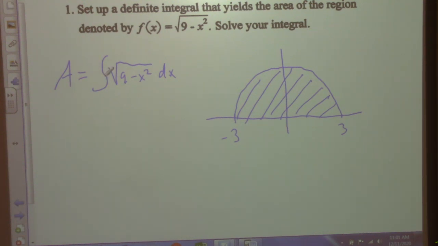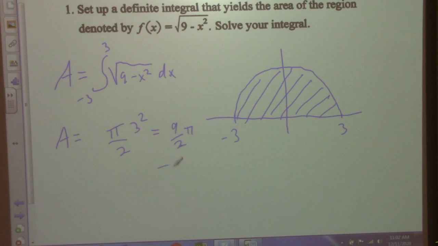Okay, and what is that? And we're going from actually -3 to 3. So what is that area going to be? Pi times 3 squared over 2, so equals 9/2 pi.